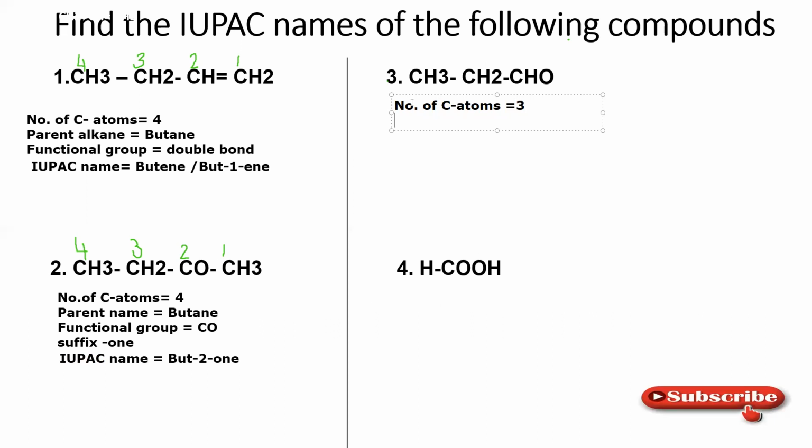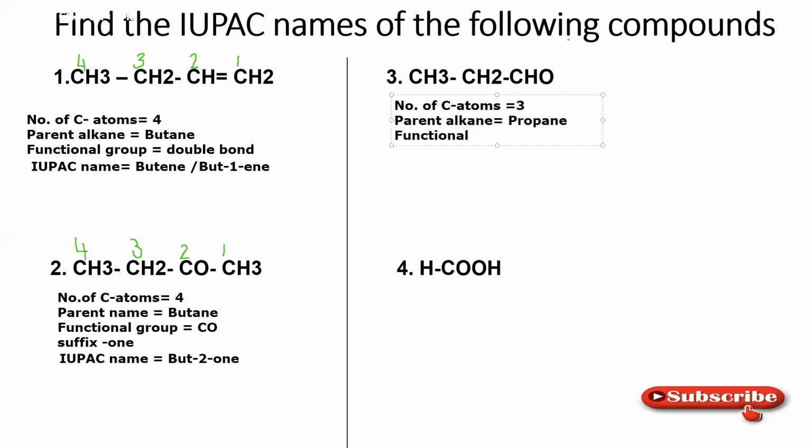If 3 carbon atoms are present, what is the name of the parent alkane? 3 carbon atoms is propane.